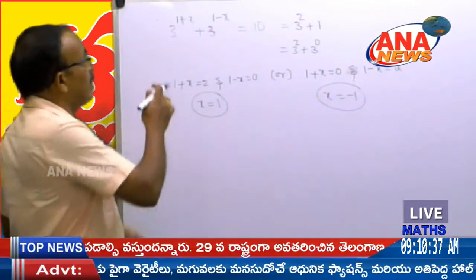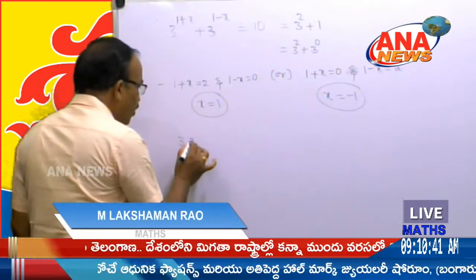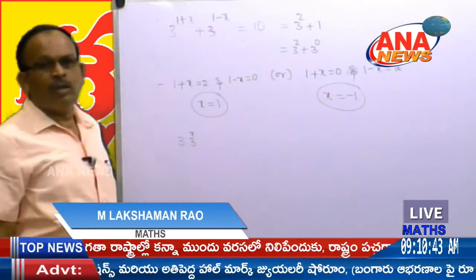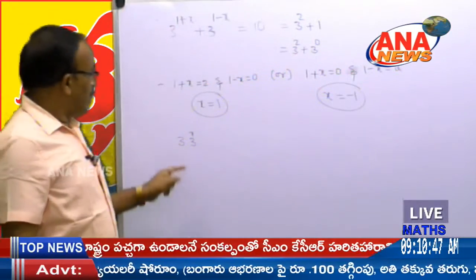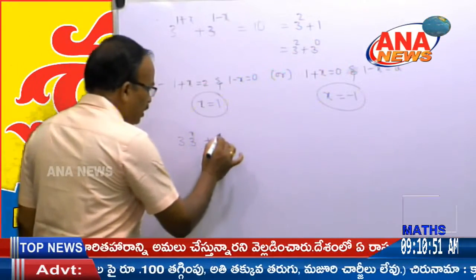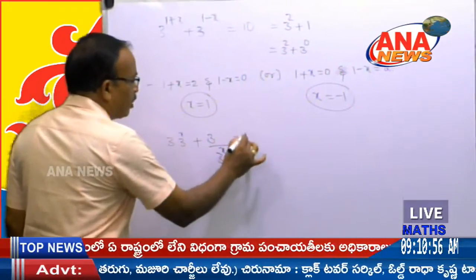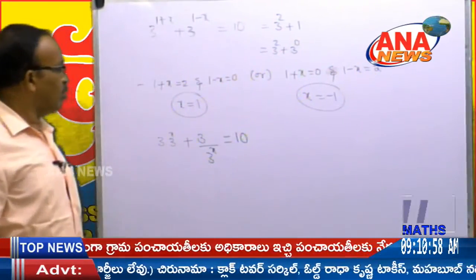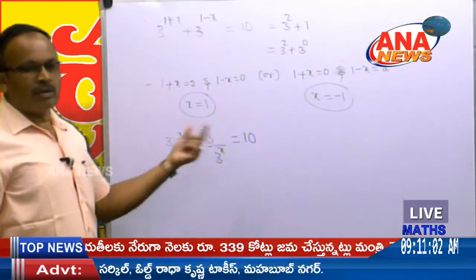See clearly, this is 3 into 3 power x, plus 3 by 3 power x is equal to 10.